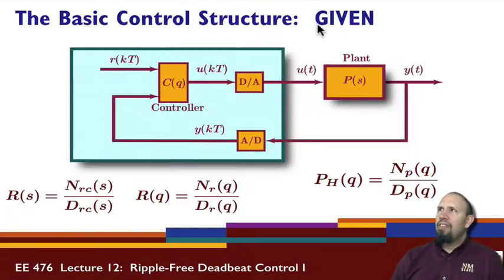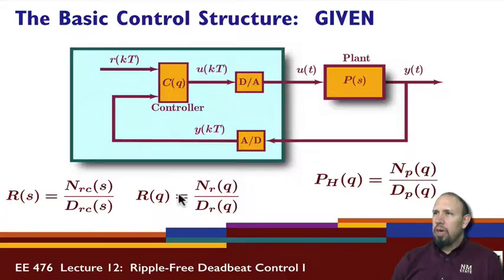So in terms of what is given here, we're given a system and we're given a reference input. Here, R(s) is the continuous time version, as numerator over denominator. The discrete time version of R is R(q), which is NR over DR. And so these two are obviously related to one another.